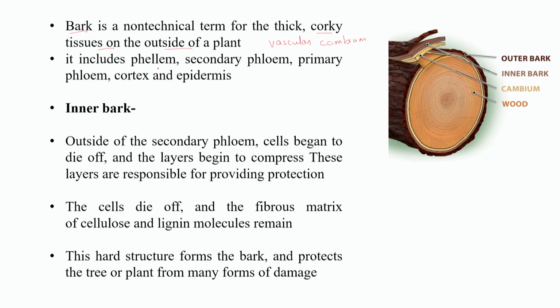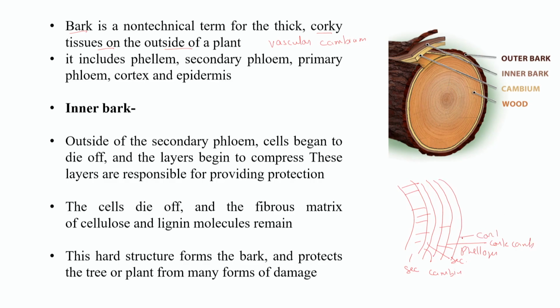So suppose this is the vascular cambium, this is the xylem, the secondary xylem, and this is the vascular cambium. After this you will have a small amount of secondary phloem, then you will have phellogen, the cork cambium, then cork is there.